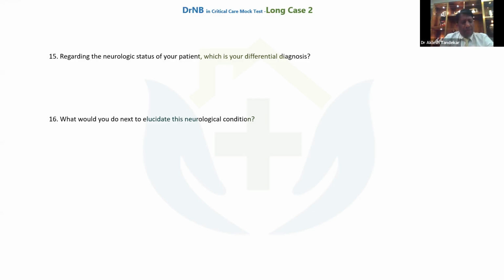Okay. Any other investigations? How will you prognosticate this patient's outcome? First of all, I will see what the cause is for this neurological deterioration. If it is due to septic encephalopathy or metabolic factors, first of all, I will correct the cause and see for any improvement.